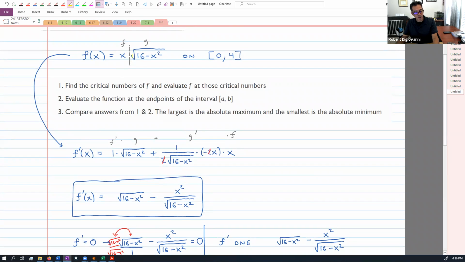The original function has a square root of 16 minus x squared. Every value between 0 and 4, if you plug in 0, you get 16. If you plug in 4, you get 0. So any number between 0 and 4 should be okay to put in here.